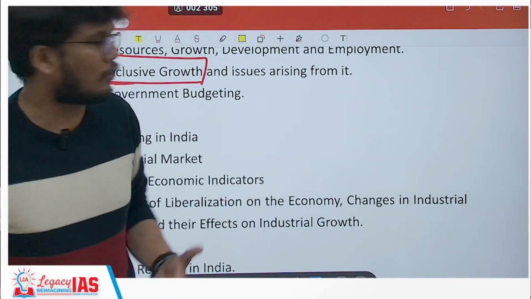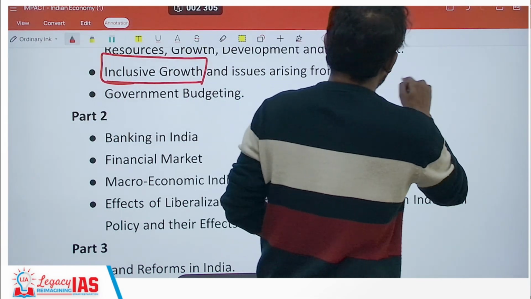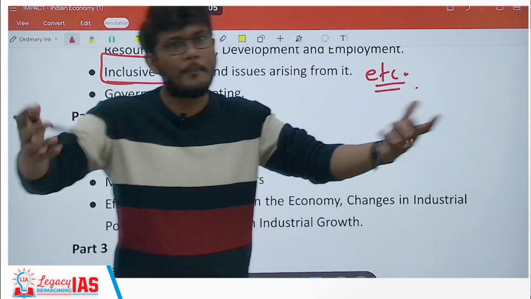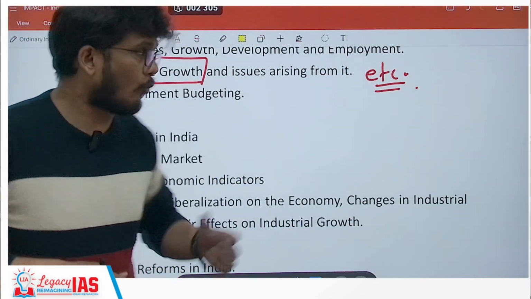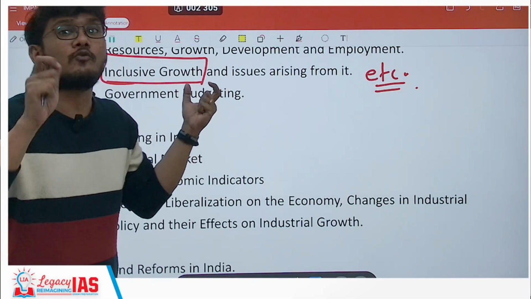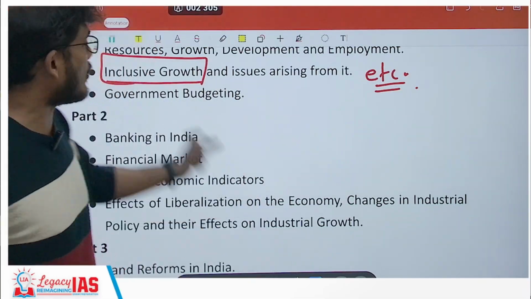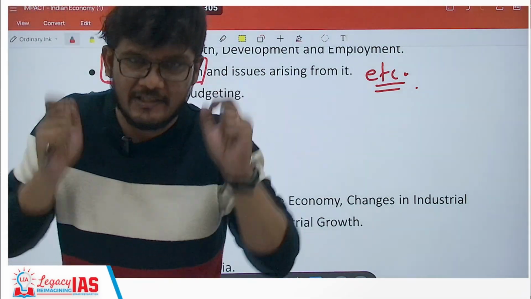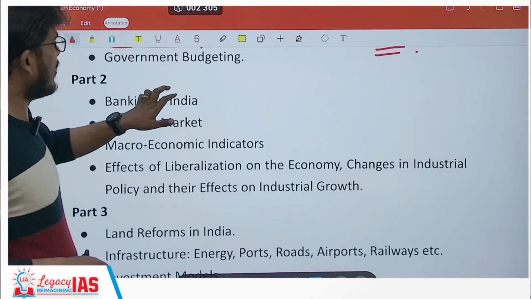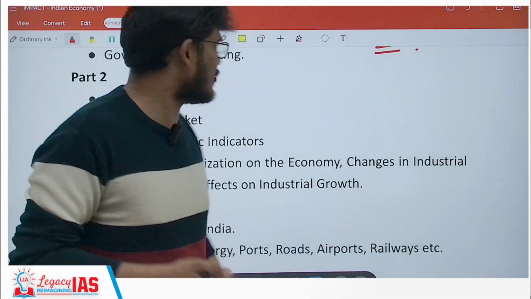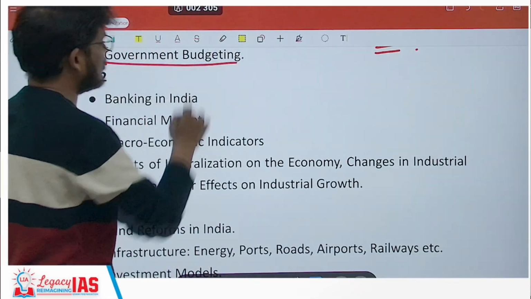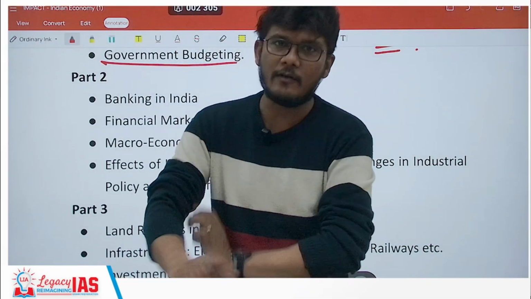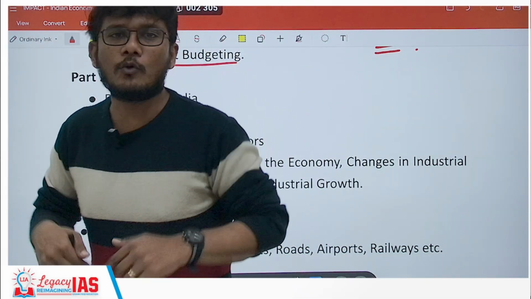But there will be other topics as well because UPSC does mention etc., which leaves the scope sort of unlimited. But whatever words are included, that needs to be focused upon. And when you talk about inclusive growth, many times UPSC has asked mains questions specifically about it. In fact, in the last year also, it has been there. Plus the government budgeting etc. is what we will take up in part 1, that is in today's class.